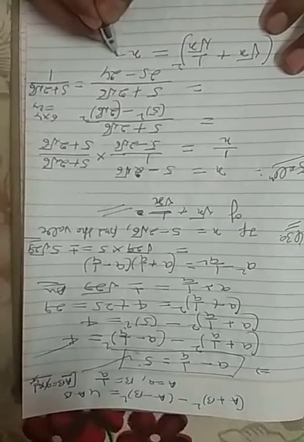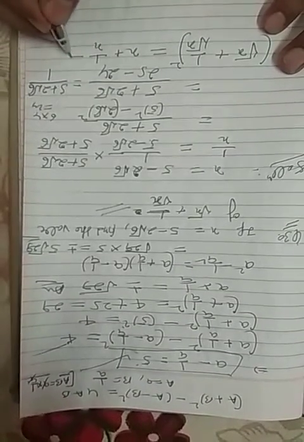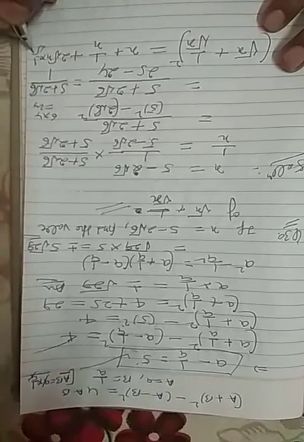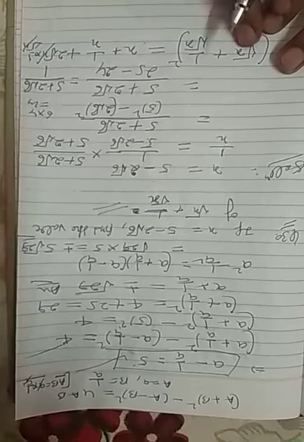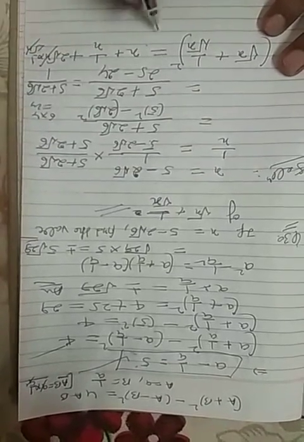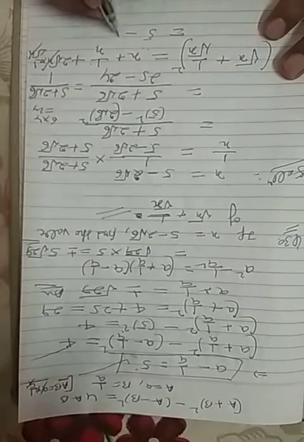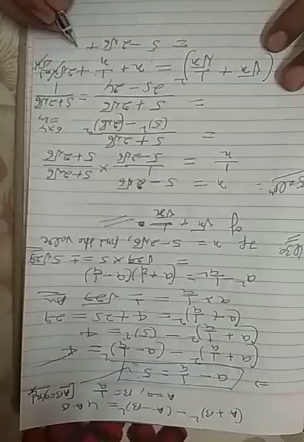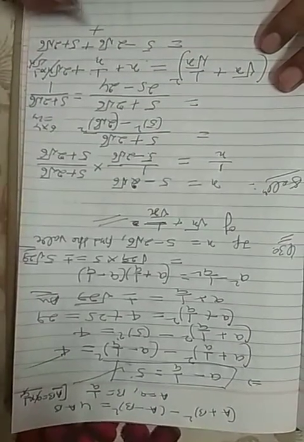So a square, b square, then 2ab, where root x into root x will cancel out. So it is a square plus b square plus 2ab. So x plus 1 upon x, put the values: 5 minus 2 root 6 plus 5 plus 2 root 6, and plus 2.